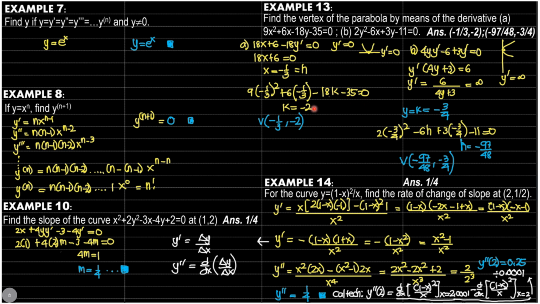Solving for k: 1 minus 2 is negative 1, minus 35 is negative 36, divided by 18 because 18k goes to the right, so k is negative 2. So the vertex is at negative 1/3 comma negative 2.